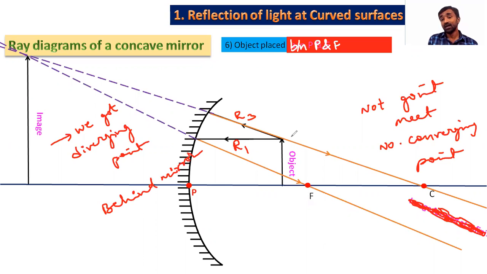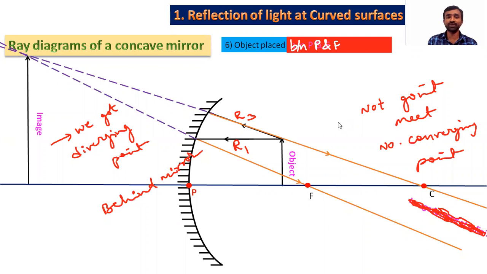So here, look at the image. Is it facing opposite to the object or the same side as the object? That means above the principal axis or below the principal axis? Where do you see? Above the principal axis. Both object and image are above the principal axis.